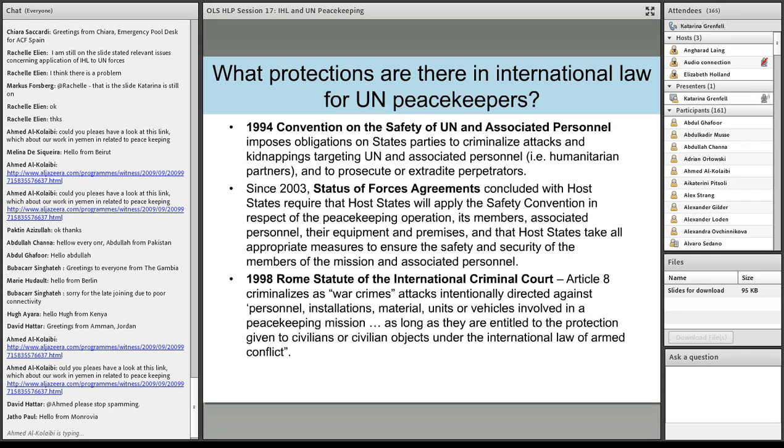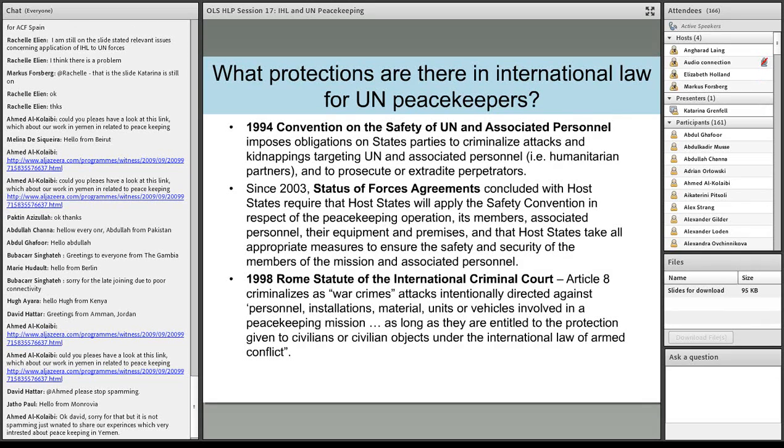In this regard, I should mention that there's a disconnect between the Safety Convention and the Rome Statute with respect to protection in situations in which a UN operation has come to be regarded as a party to a non-international armed conflict. While the Safety Convention continued to provide protection in these situations, the Rome Statute would not.